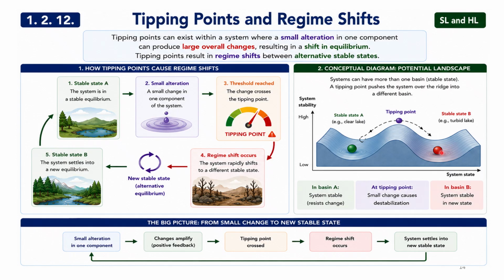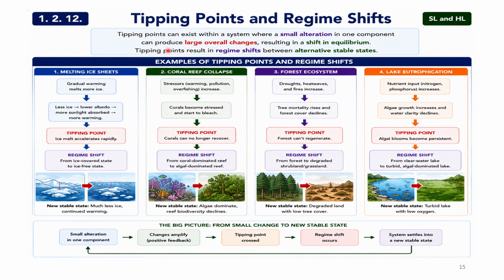A classic example is a clear freshwater lake becoming a turbid, algae-dominated lake after excessive nutrient input. The key message is that small environmental changes can trigger large, sometimes irreversible, shifts in ecosystem structure and function once critical thresholds are crossed. Let's examine 4 real-world examples of tipping points and regime shifts in environmental systems.